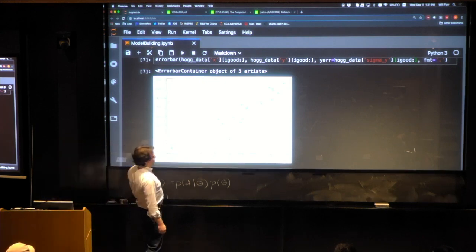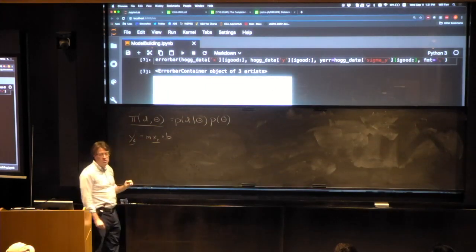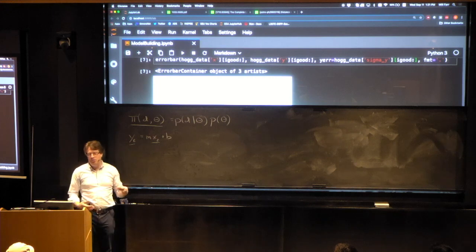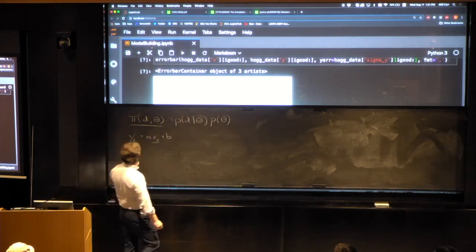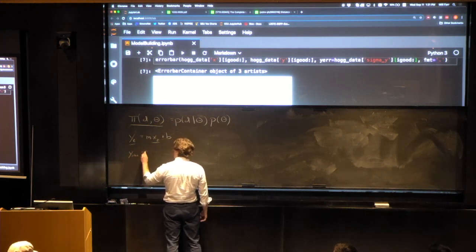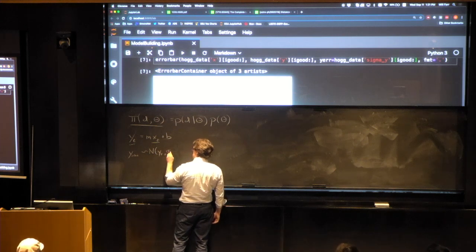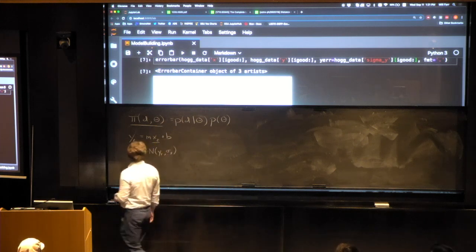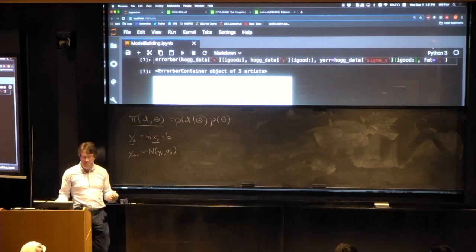So in order to specify a complete model for this data set, we need the relationship between the true values, and we also need the model of the measurement. The simplest model of the measurement we could write down is this: the experimenter has helpfully given us a measure of their uncertainty.